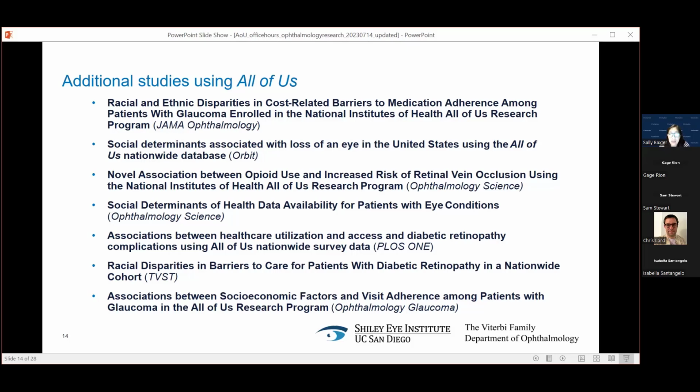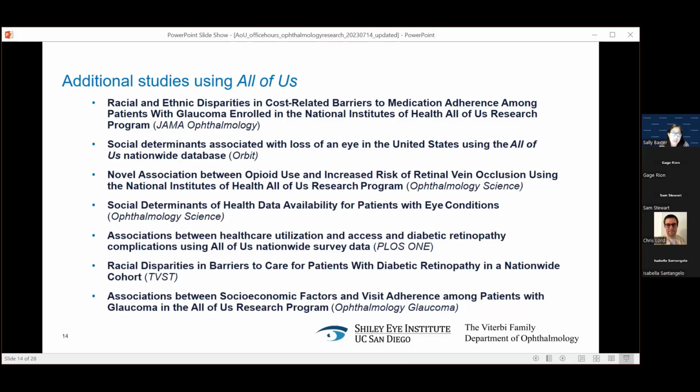But if you look at more granular items like housing security, food security, transportation, education, income, a lot of those things are not captured in electronic health record data from routine care, and certainly for ophthalmology records. We are not as good as primary care at asking those things and entering that data.